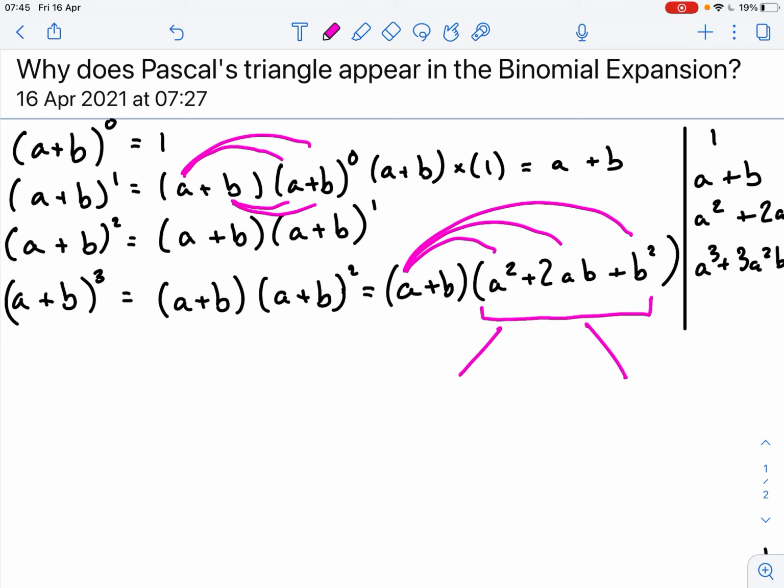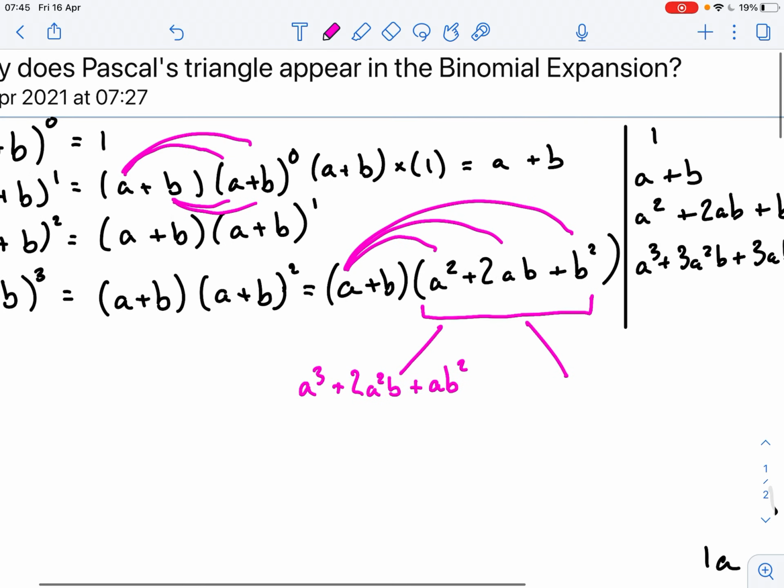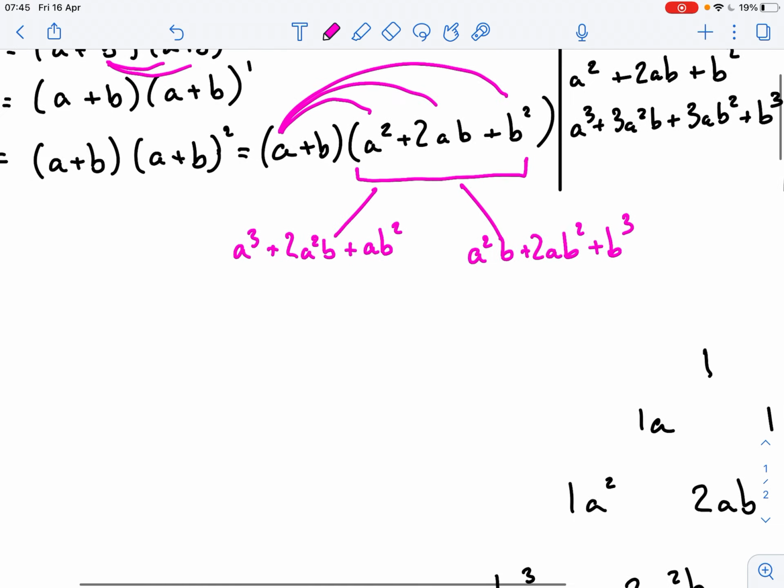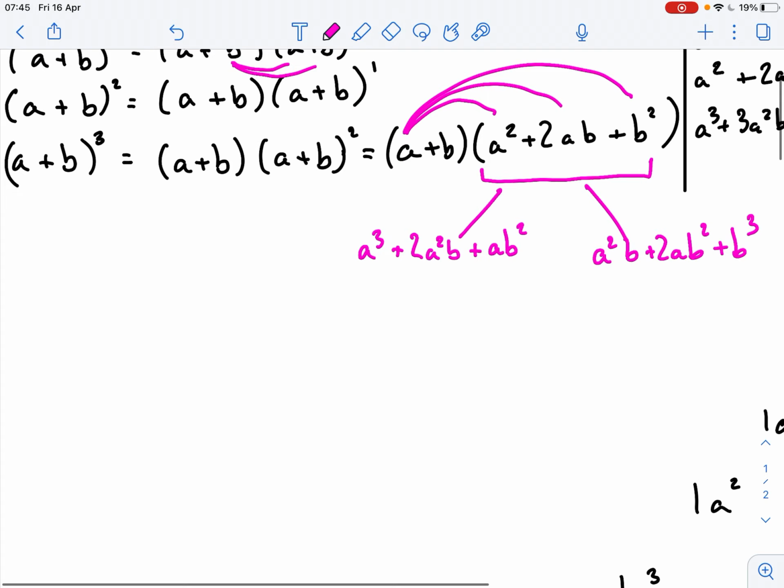You'll have everything multiplied by a, so you've got a cubed plus 2a squared b plus ab squared, and you'll have everything multiplied by b, so a squared b plus 2ab squared plus b cubed. What this means is that naturally, as you work your way down Pascal's triangle, you will get a natural evolution of the binomial expansion.